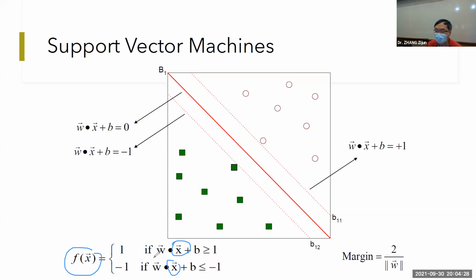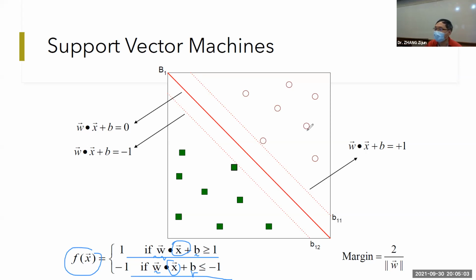Now the next problem is we need to determine the W and B, the weight matrix and the bias, so that we can make this equation hold. We need to find the optimal W and B to make this equation hold. Based on this graph, we can naturally consider B1 as the decision boundary, the center line.